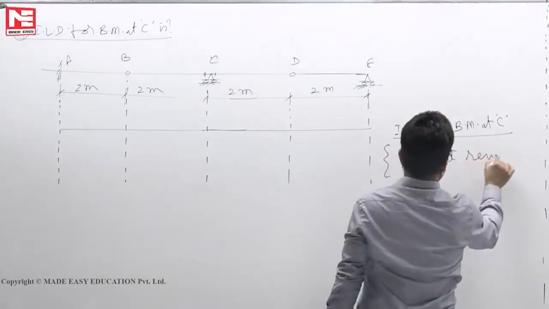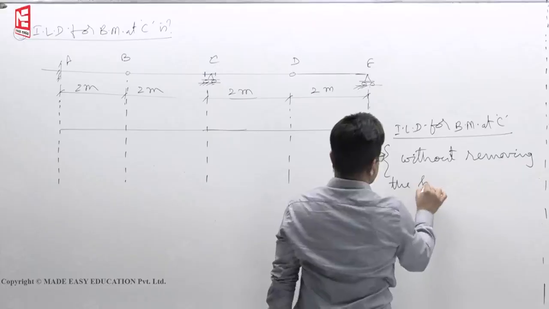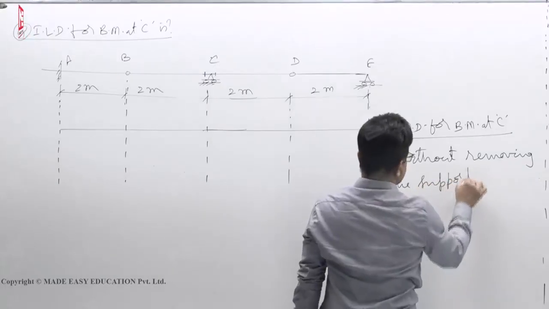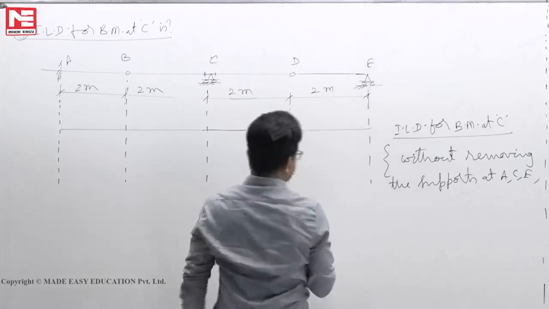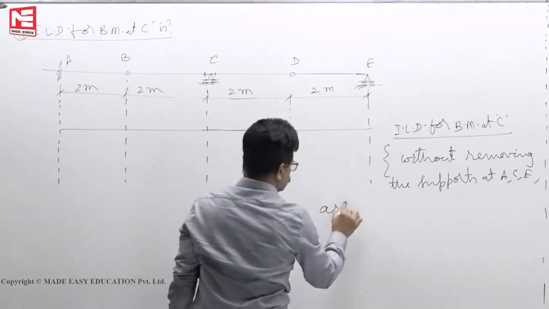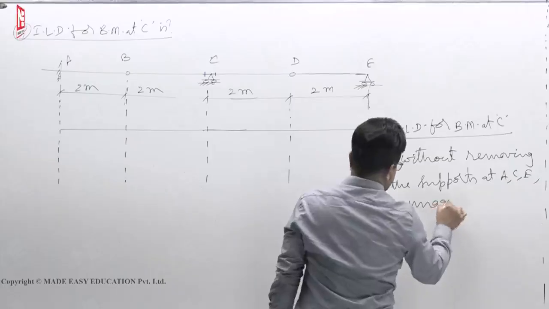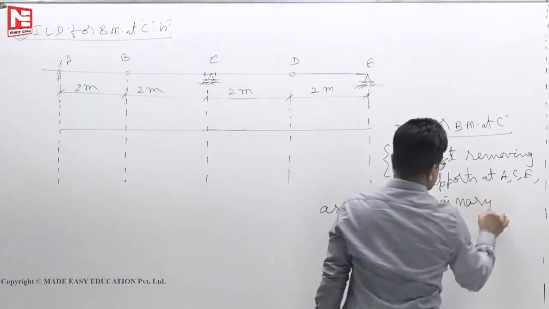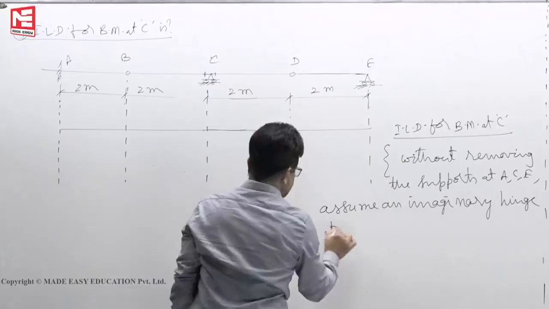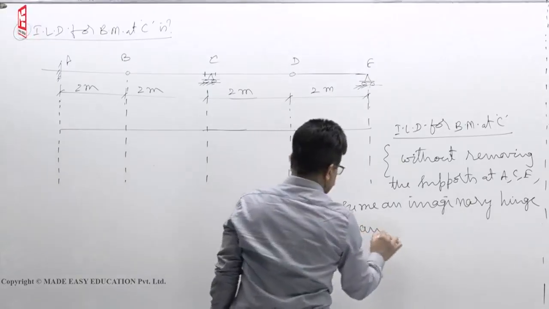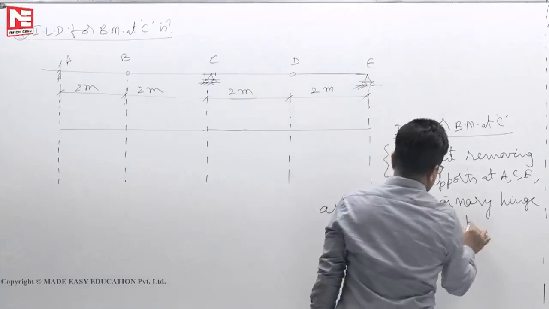Without removing the supports at A, C, E, assume an imaginary hinge at C and apply unit rotation.